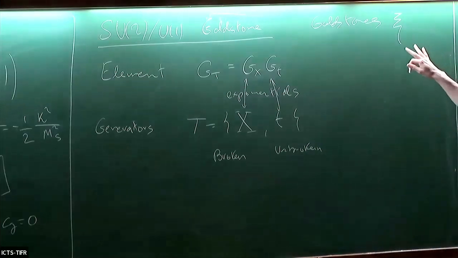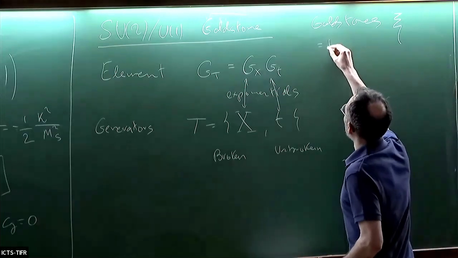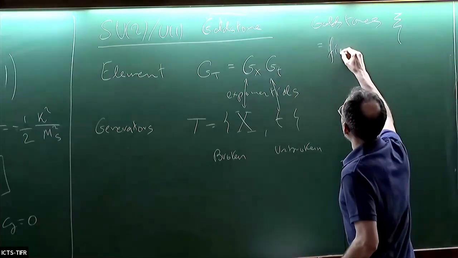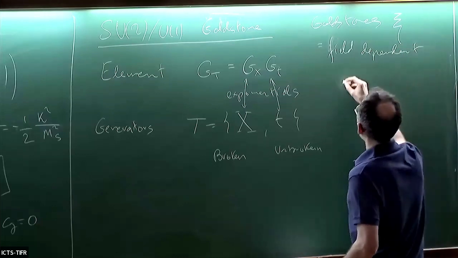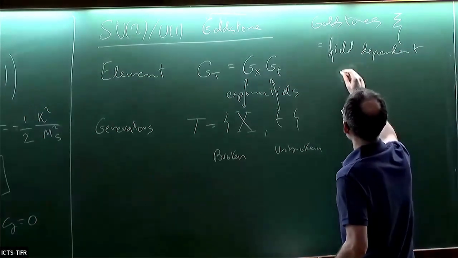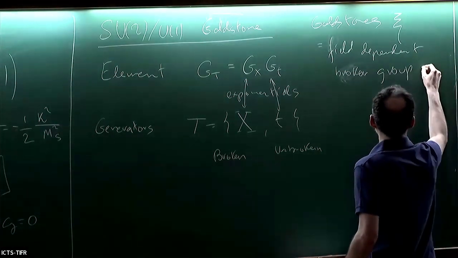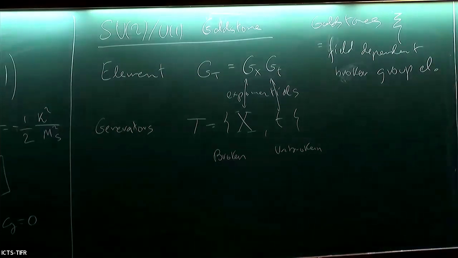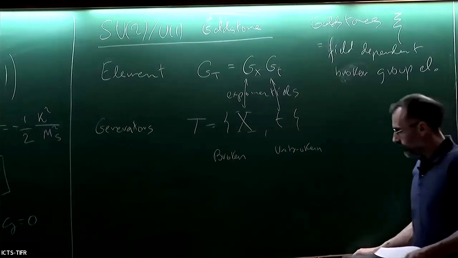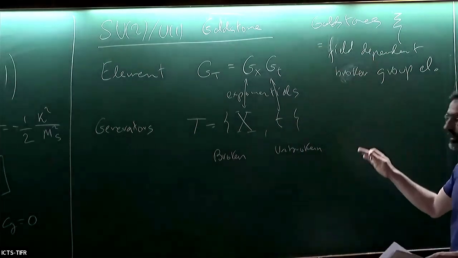And you can think of this as a field-dependent broken group element. What we need now is to know how it transforms. And we'll be using a unitary representation, so for all of these, G dagger equals the identity.